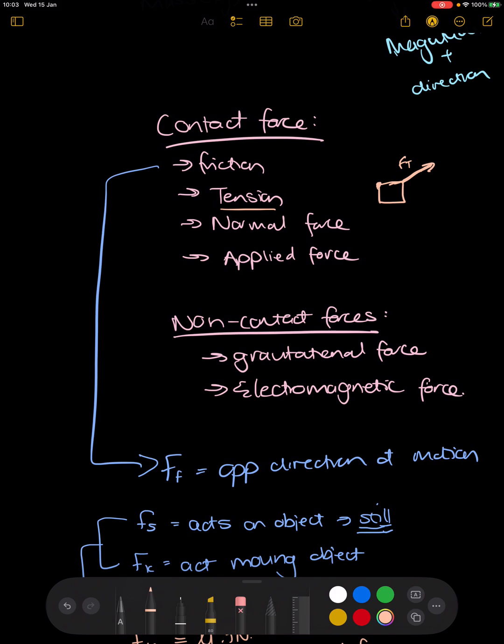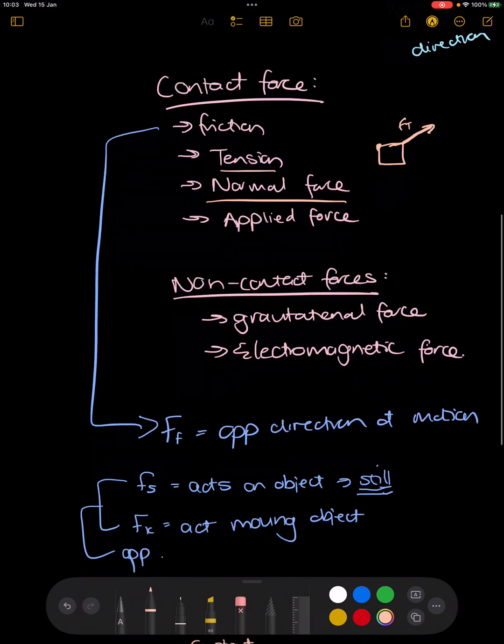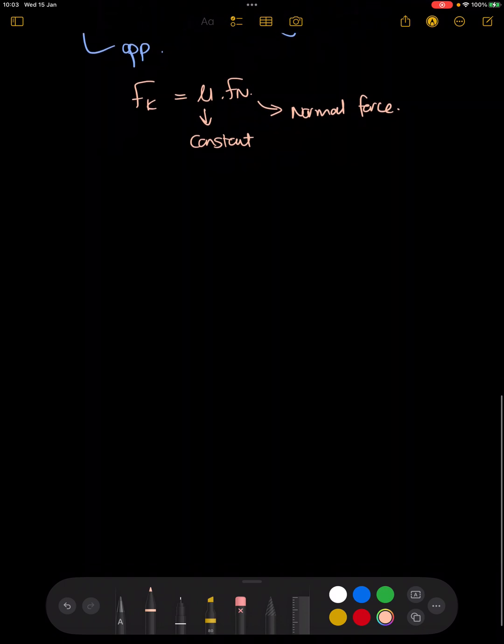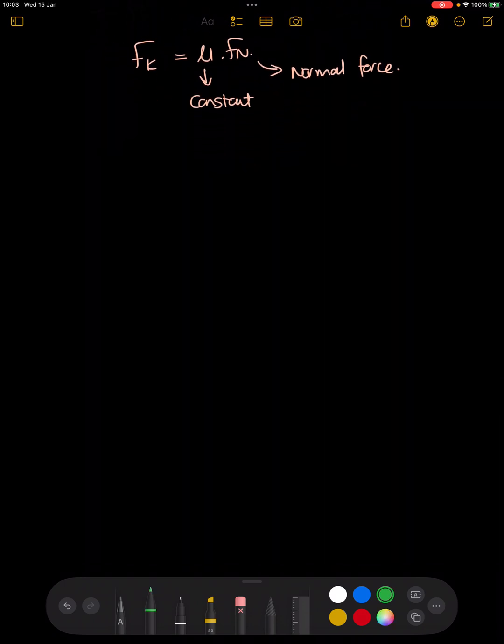Then we get our normal force. My normal force is the force of the surface on the object. My normal force is Fn, and it is always perpendicular to the surface.